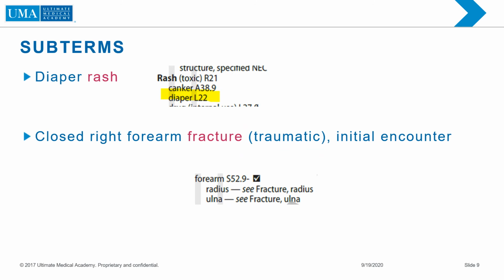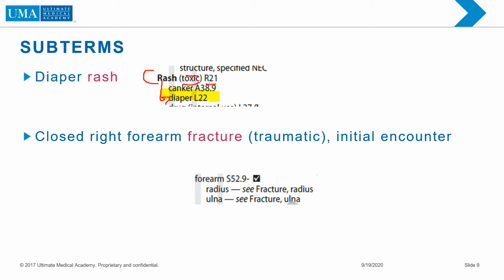Let's refer back now to our example of the diaper rash. As you can see, we looked this up in the index under rash. Right here, it says toxic. That's the default, and the code is R21. But we don't want the toxic. We want the diaper, which is down 2.